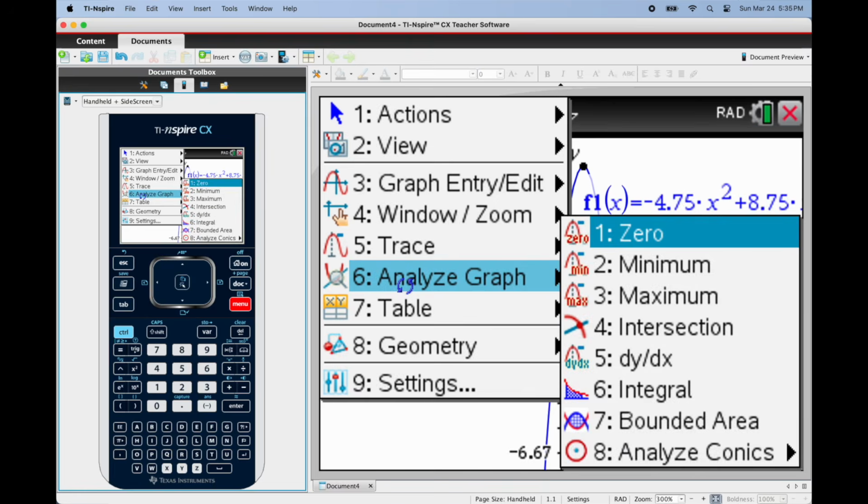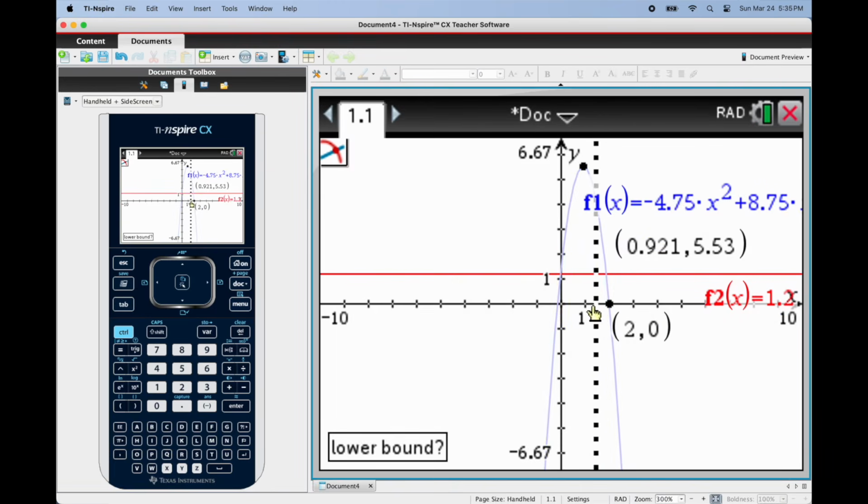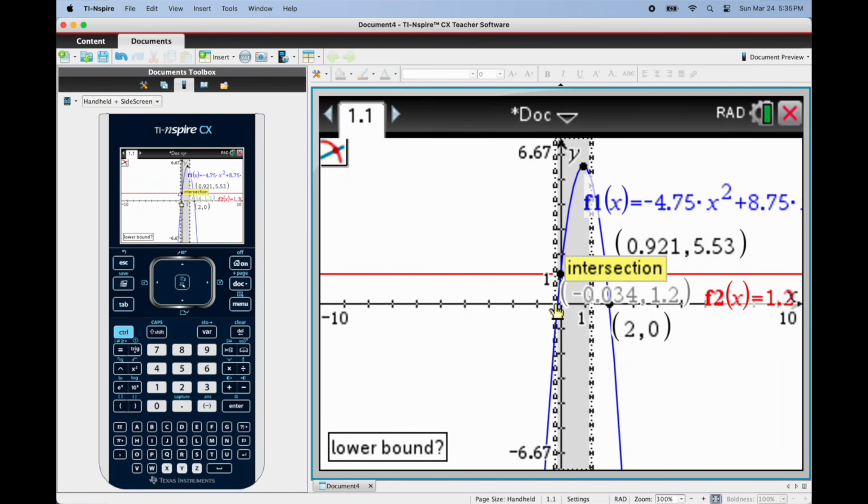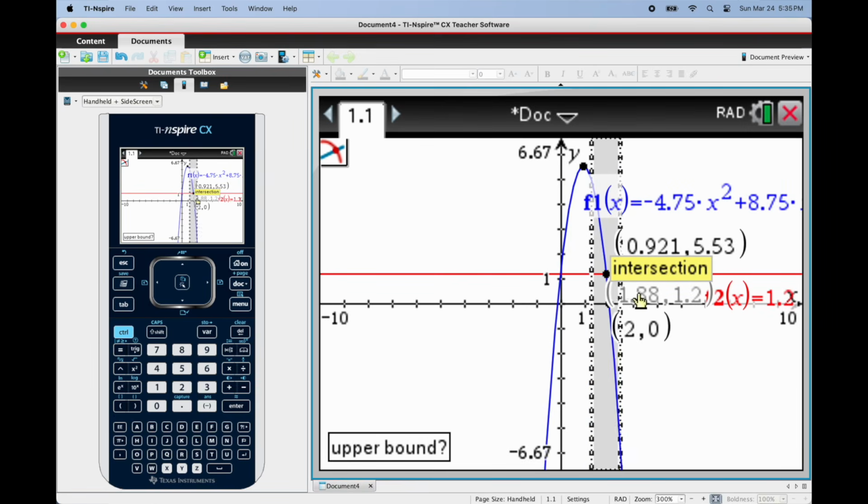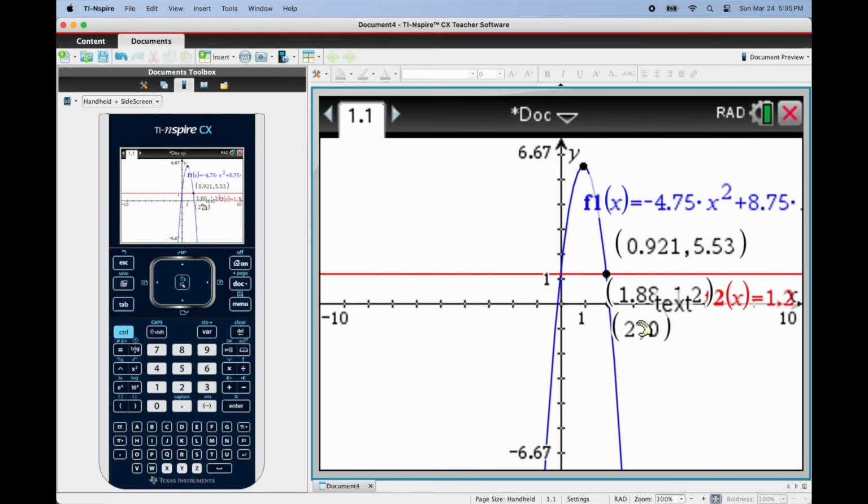So analyze graph, intersection, and actually we would be okay in this instance because it looks like it's negative, so that wouldn't make sense. And so we're just interested in this point right here, this 1.88. After 1.88 seconds, the ball is 1.2 meters in the air.